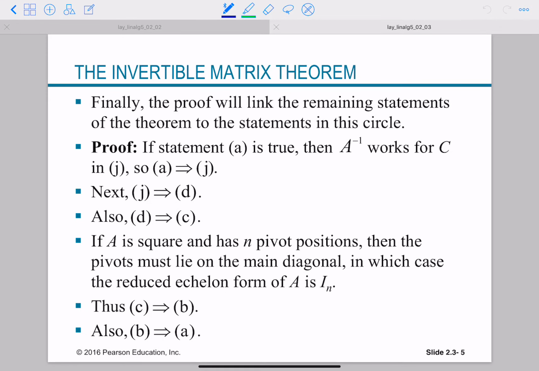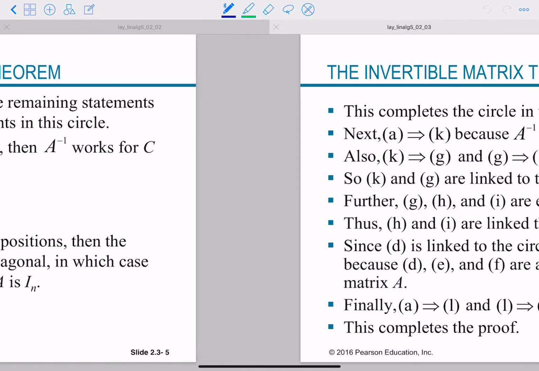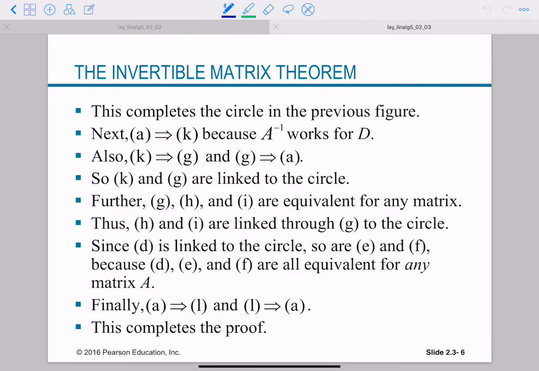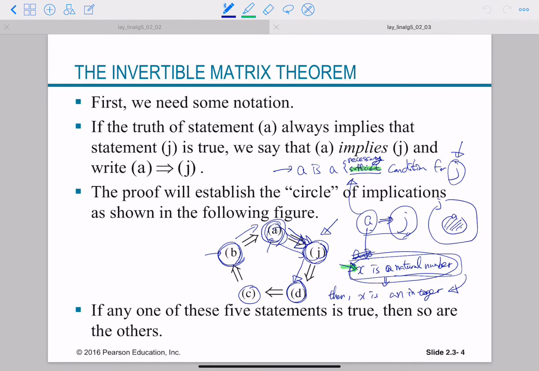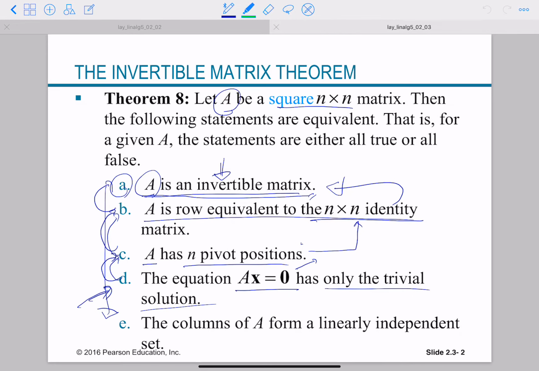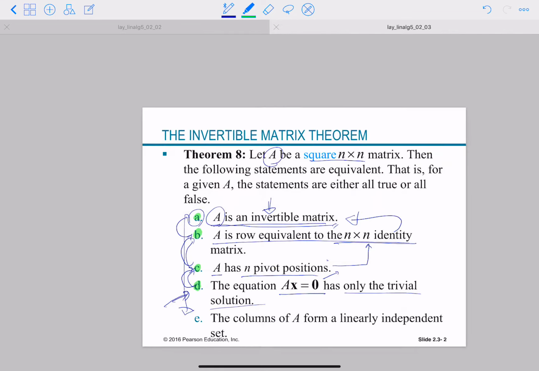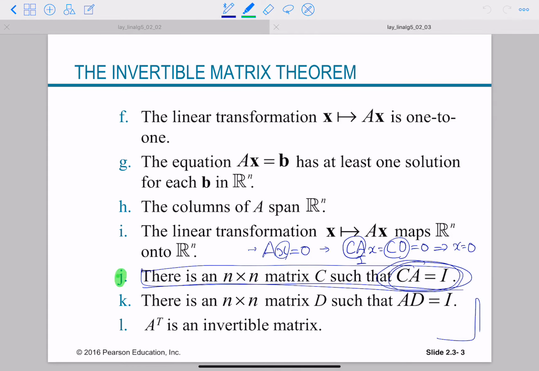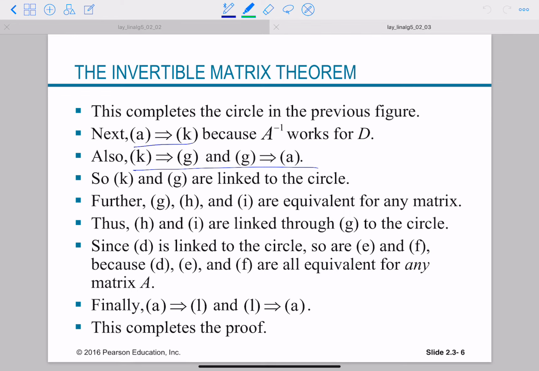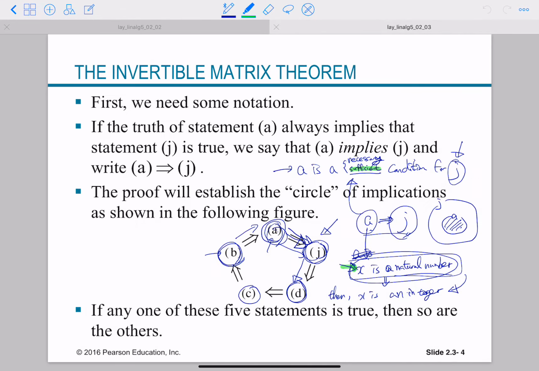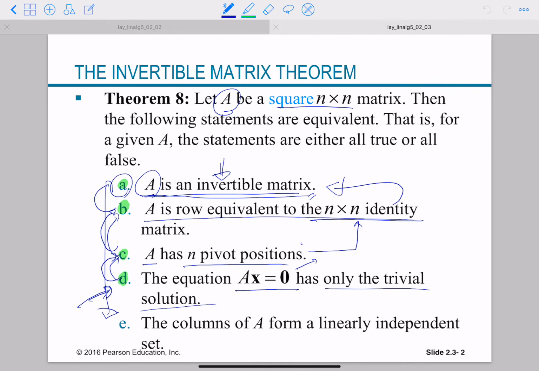And then the next loop is A, K, G, A. So now we start with a new loop, starting with A as well.